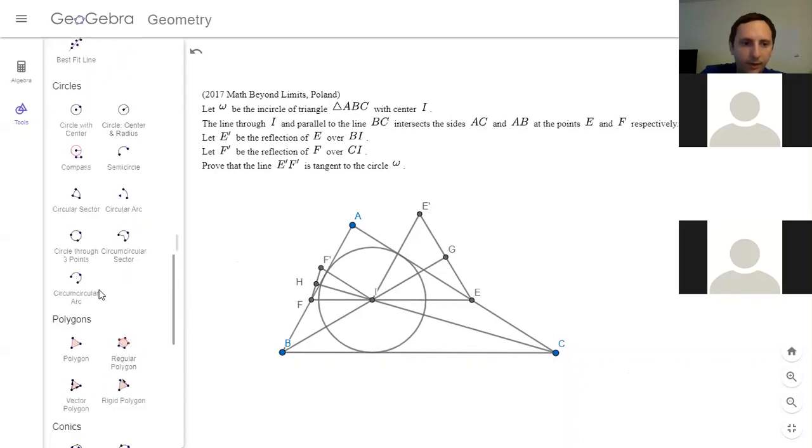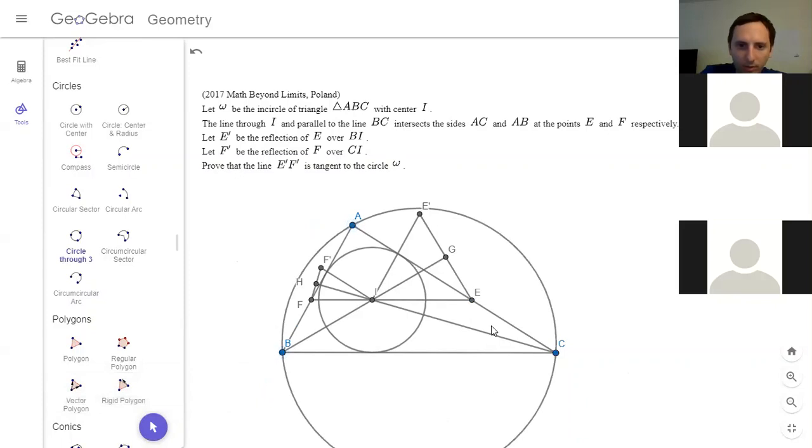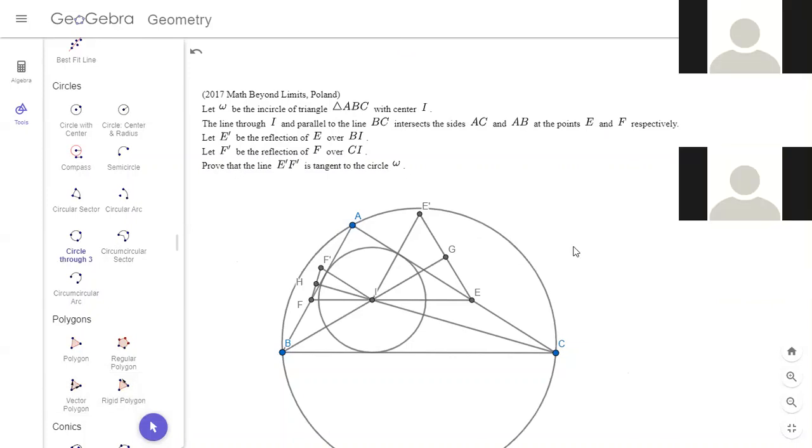Maybe let's see if we can use Poncelet's Theorem. So, oh no, Serdar, I don't hear you. I guess your microphone's currently off. I think it was just on a second ago. No, it's on, but I don't hear you. Let me see. That's weird.